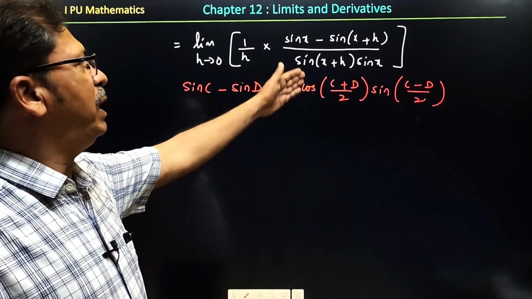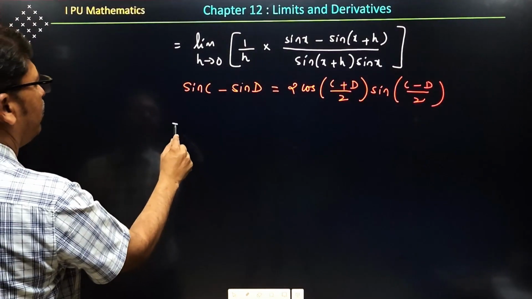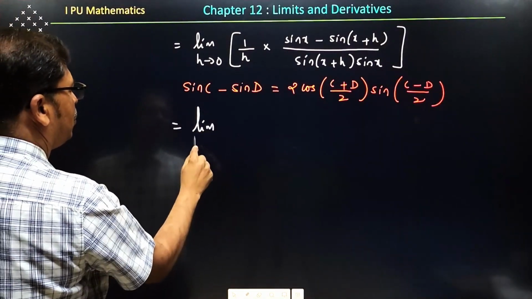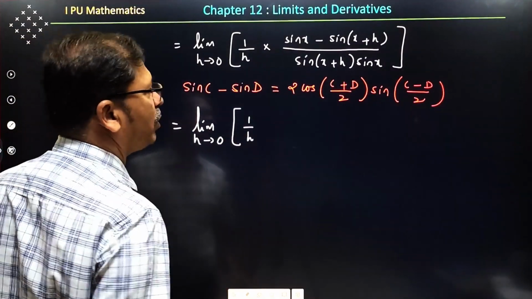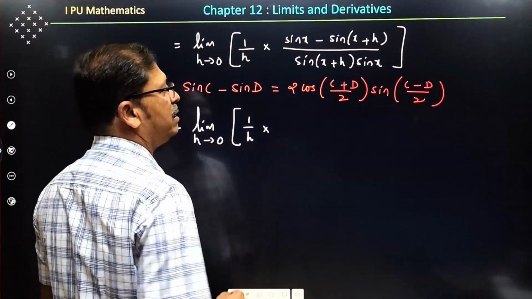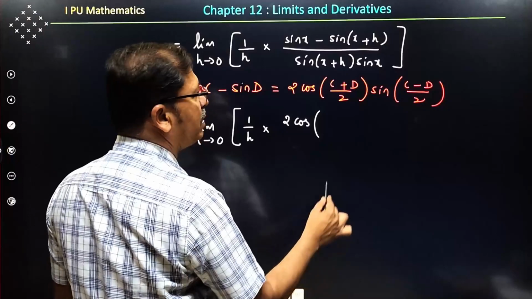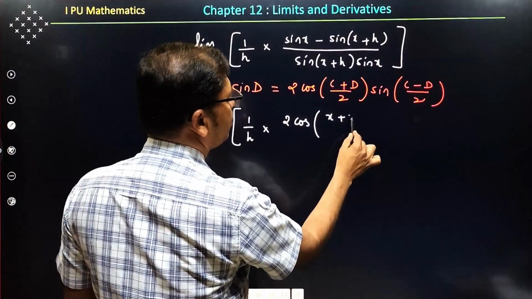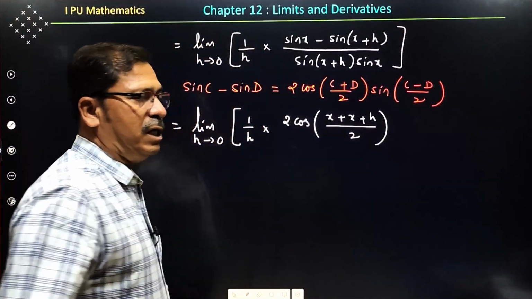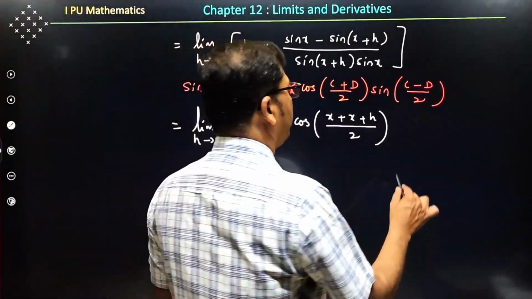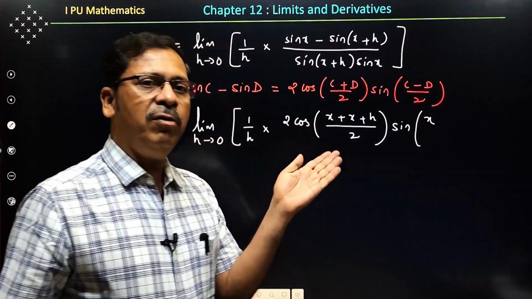This result I would like to apply at this step here. Limit h tends to 0, write as it is, 1 upon h into sin c minus sin d, that is 2 into cos of c plus d divided by 2, that is x plus h, into sin of c minus d divided by 2, that is x minus of x plus h.